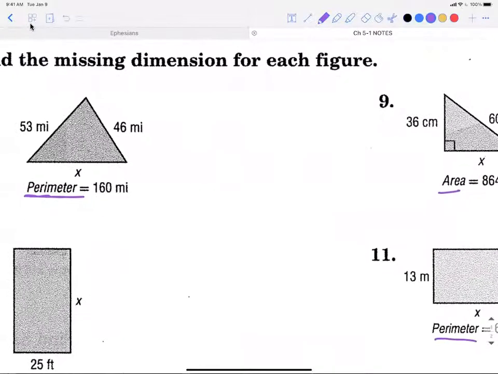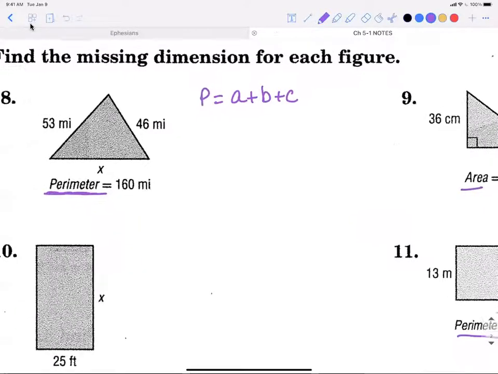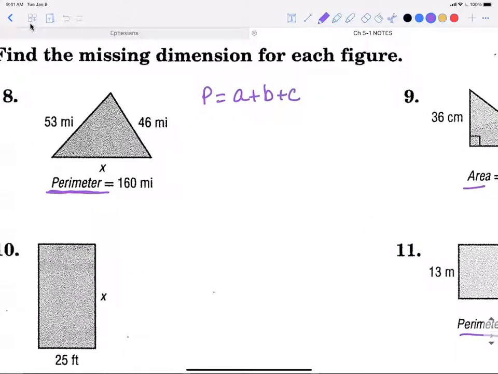So let's remember that our perimeter is A plus B plus C for a triangle, right? If they tell me that the perimeter is 160, what am I going to plug that in for? Anybody?